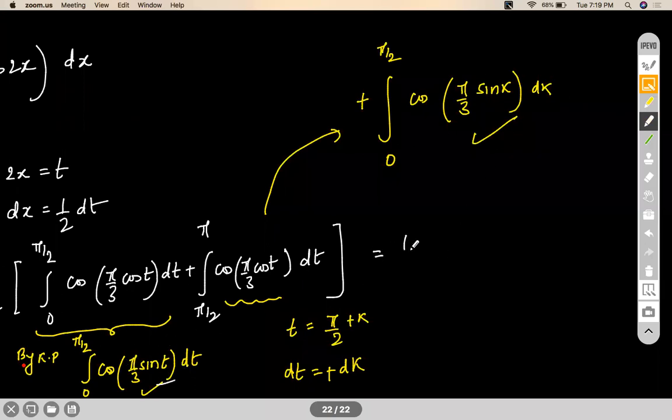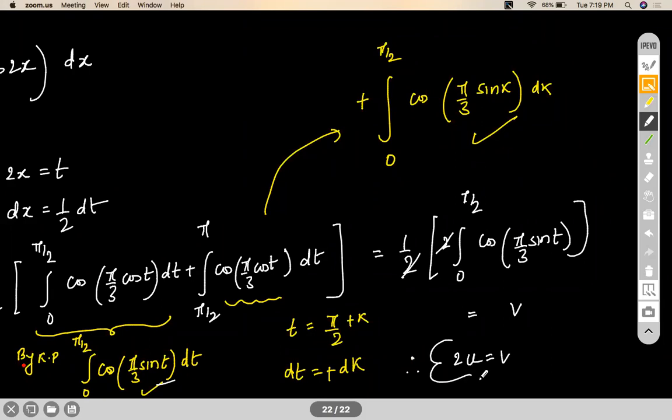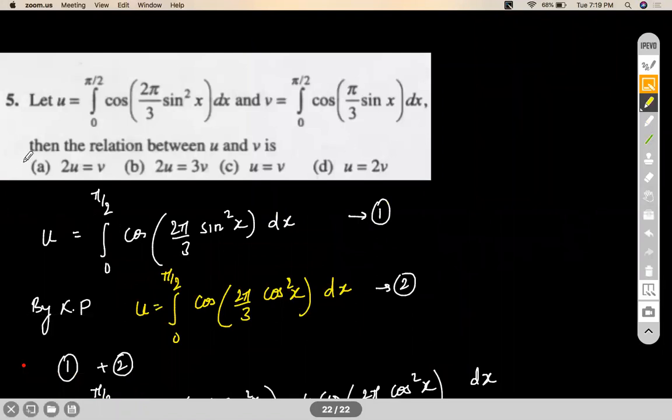So ultimately you will have half times 2 times the integral from 0 to pi by 2 of cos pi by 3 sine t coming up. So 2 and this will get cancelled off, leaving you with a v expression. So you are trying to say that 2u is equal to v relation is correct in this particular question. So 2u equal to v is your option number A. So Janta was absolutely correct.